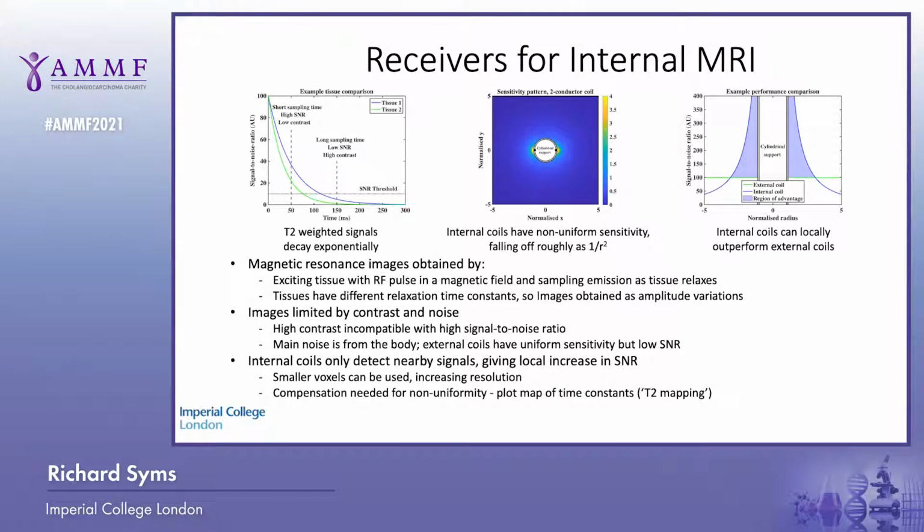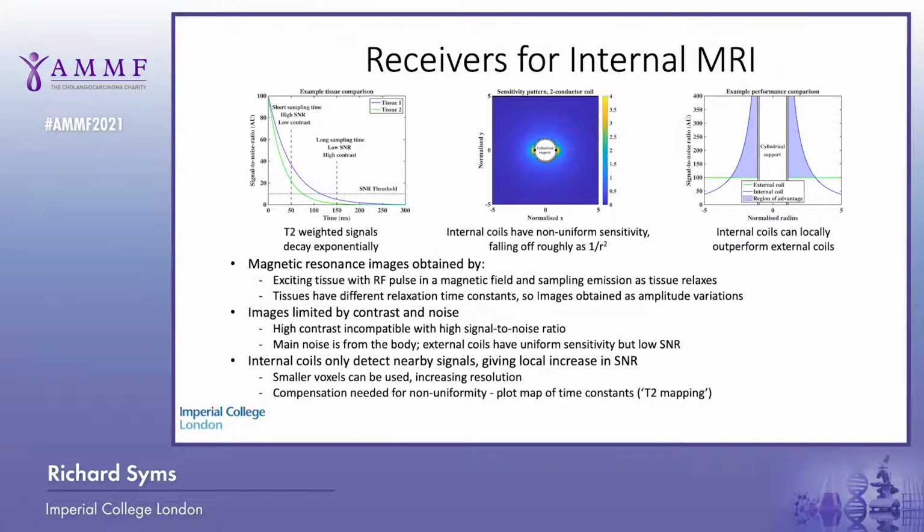Now, the answer to this may be provided by internal receivers, that is, receivers that are inserted inside the human body on some kind of medical instrument. They have a very non-uniform sensitivity variation that's shown by the central colored map. They detect very strongly near to the coil structure itself, but the signals decay away roughly as 1 over the distance squared.